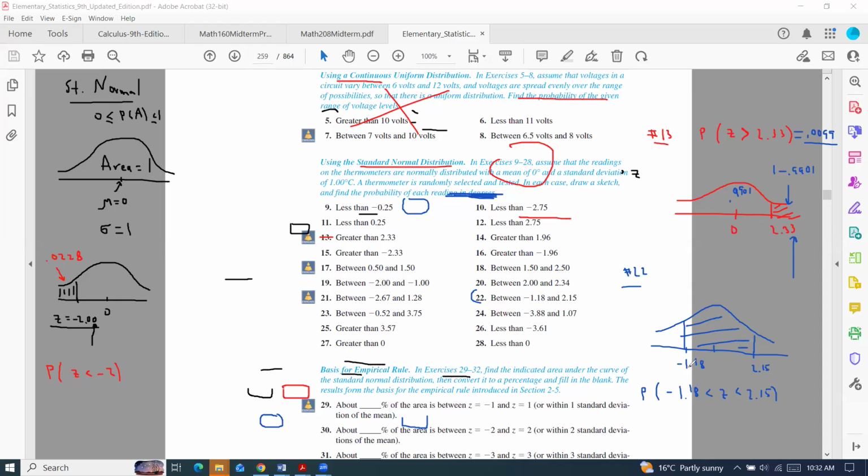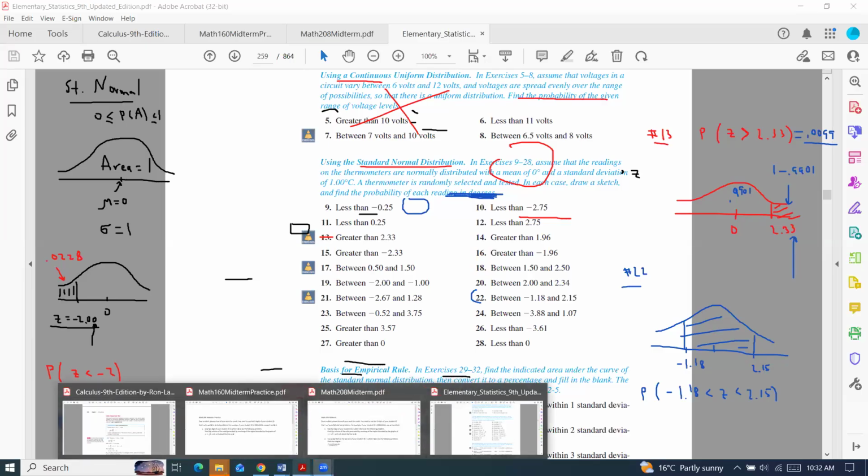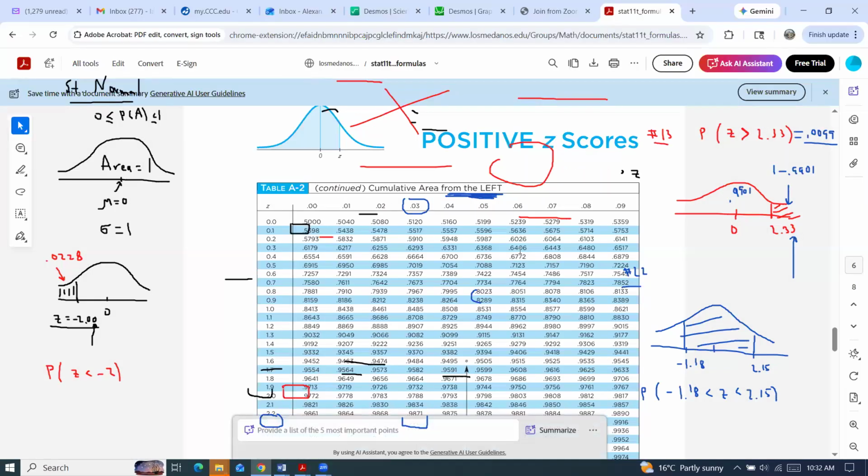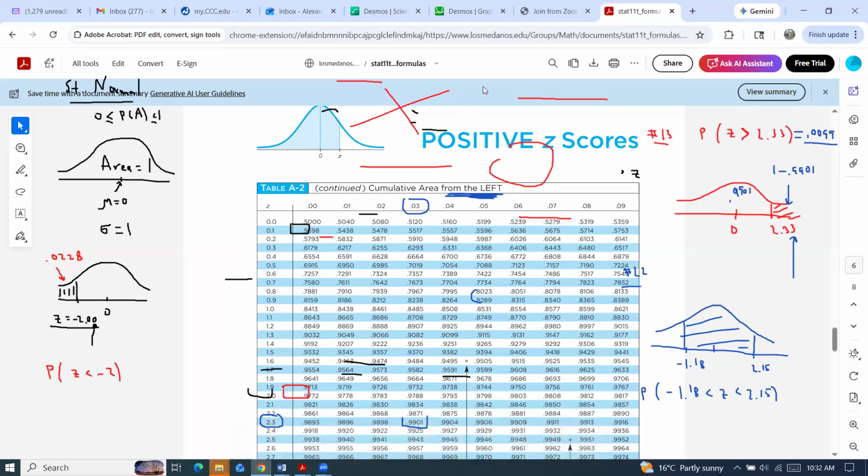So it looks like I need to locate 1.18 and 2.15. Well, since I'm already on the table, which is positive, I'm going to go for the 2.15. So it looks like I need to select 5, right? 5 hundredths, because I always need to know the column and the row.